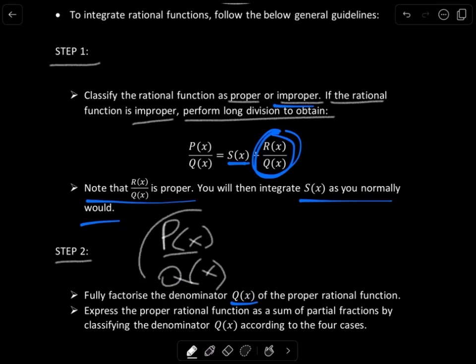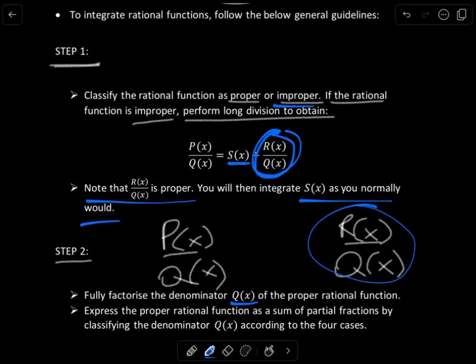However, if this was improper and you performed long division on it, you would have gone through step 1, then you would have obtained something such as r of x over q of x. And now, assuming that you can't just integrate that using the techniques that you already know and using this formula, okay, using that one and the substitution rule, then you'll come to step 2.